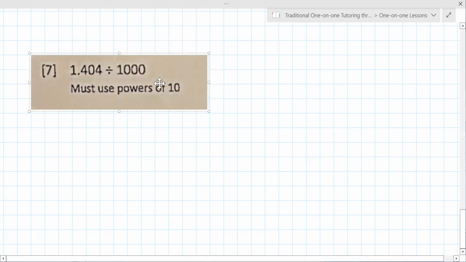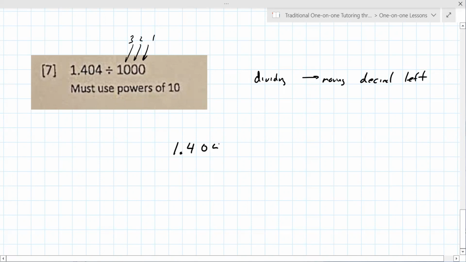So when you're dividing, you are moving the decimal left. Okay, and when you move it left, you count the number of zeros. So that's 1 zero, 2 zeros, 3 zeros. So you take this 1.404 and you move the decimal left 3 times.